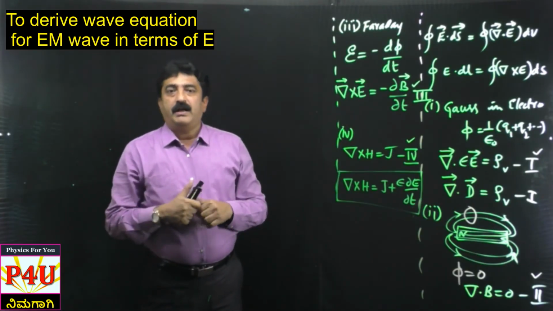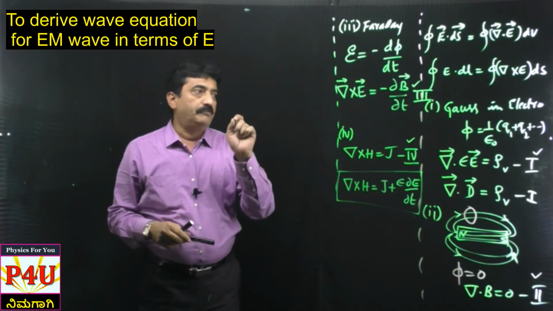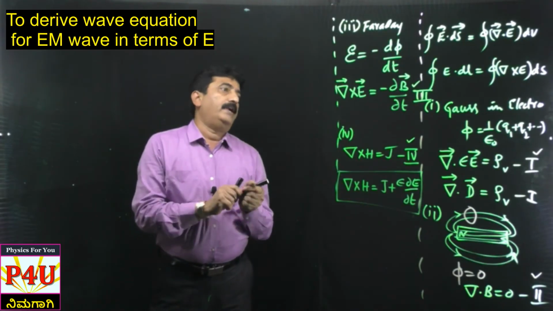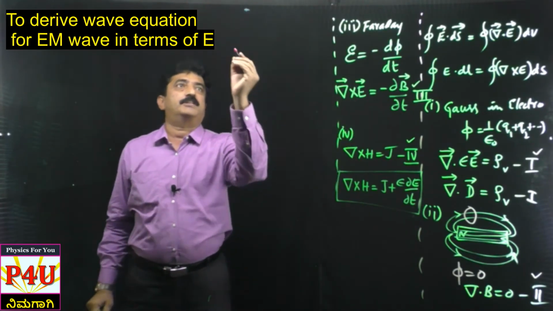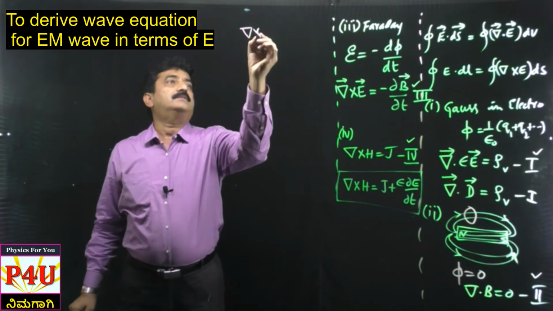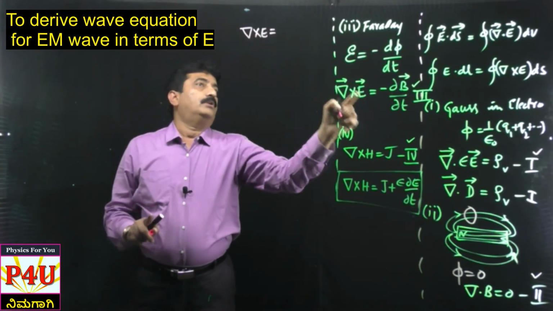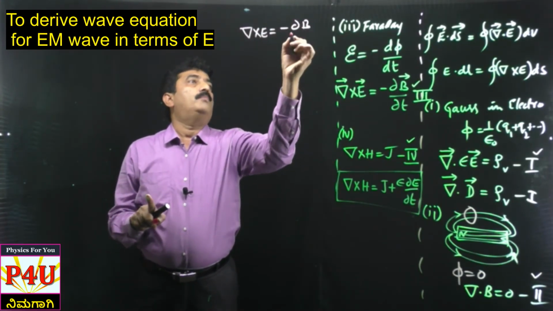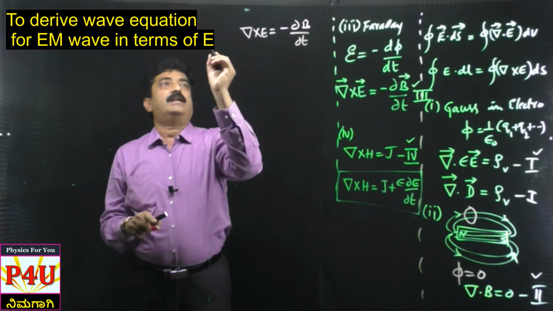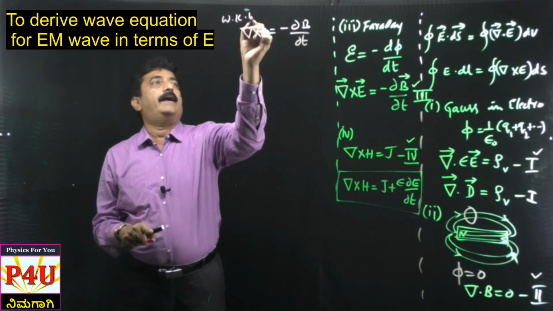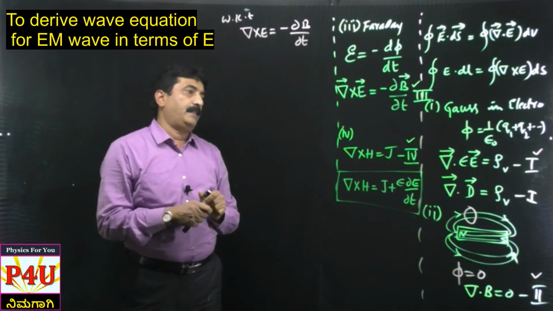Straight away I can start, and you also can start like this. I make use of this equation first: del cross E is equal to minus dou B divided by dou T. So you write like this. Step by step I will explain.